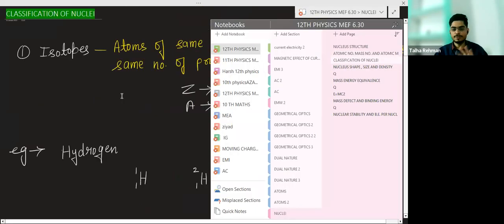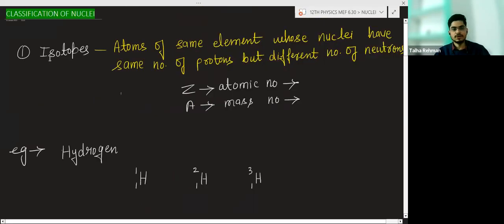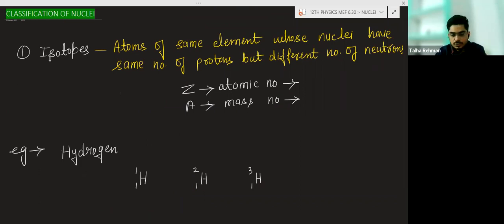Now this topic is very easy. Classification of nuclei. So basically in some cases, some elements are found in nature in different forms.